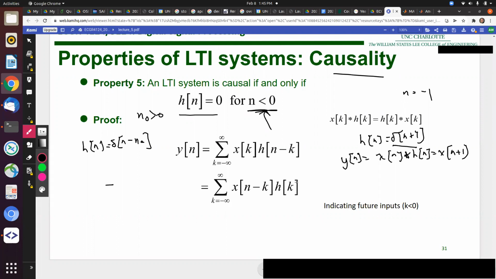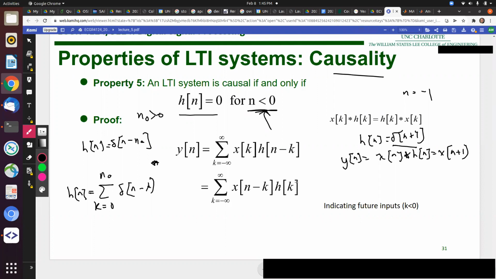I could take a sum of delta of n minus k, where k goes from 0 to n naught, and that has to be causal. All of those properties are satisfied for any finite n naught, right?